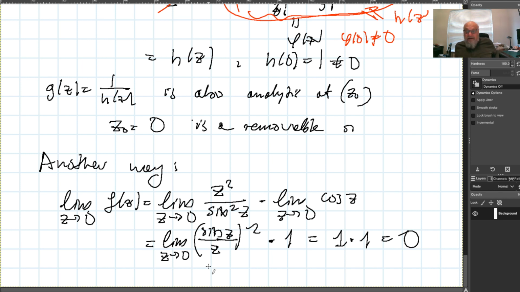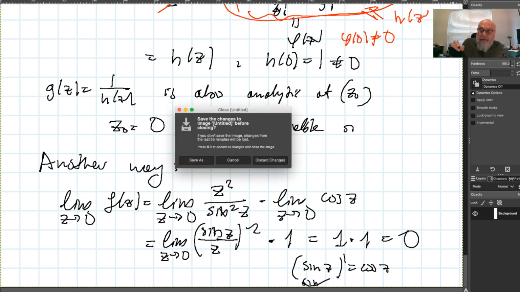Or you can use the power series expansion to find the first coefficient, which was done above. Remember, the derivative of sine z is cosine z, and cosine at 0 is 1. That's exactly this limit. Okay, so that is that part of the example.